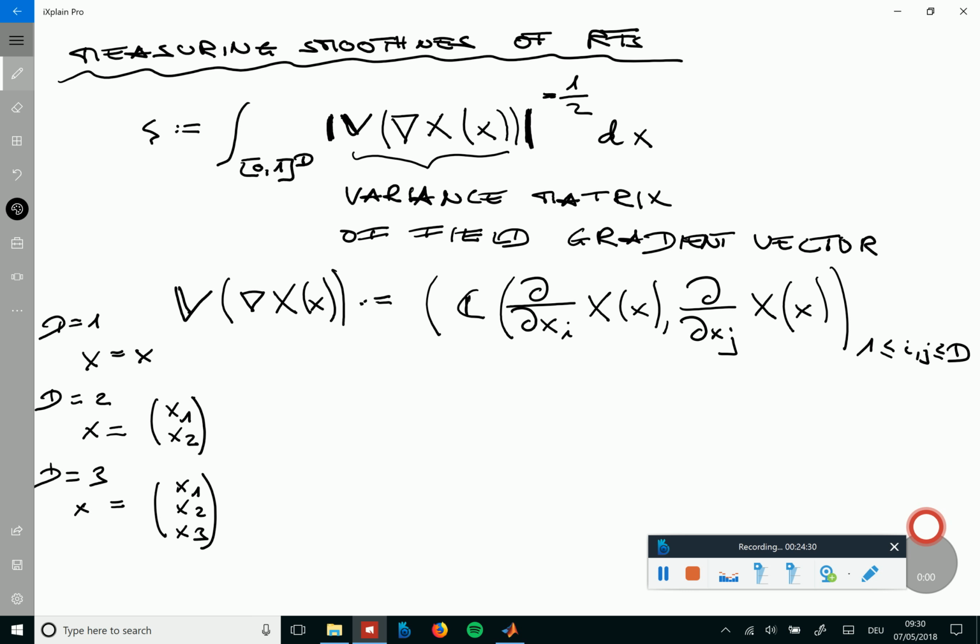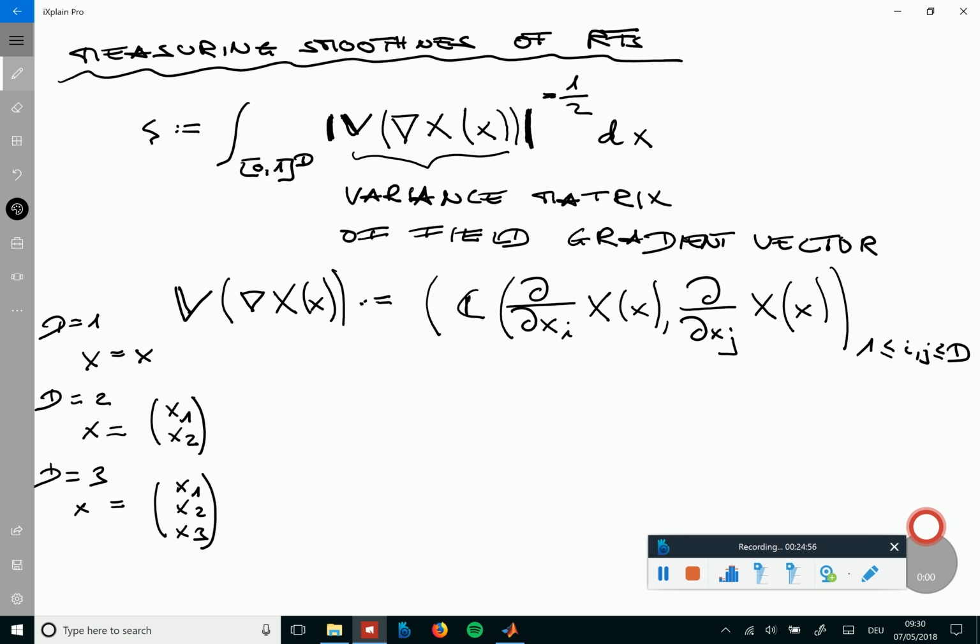And now the task is to understand somehow how this fancy equation, which actually looks fancy and complex, almost like a physics equation, what this wants from us and how it actually captures something like smoothness.